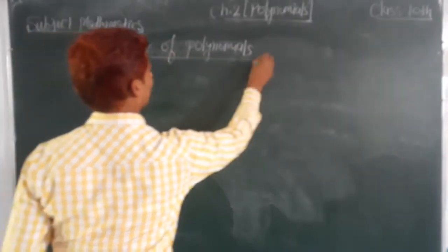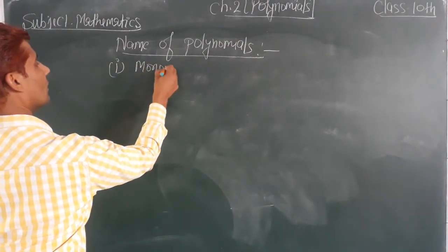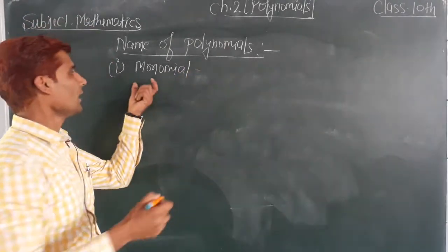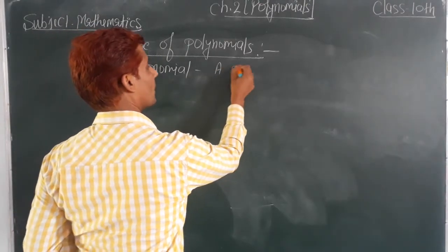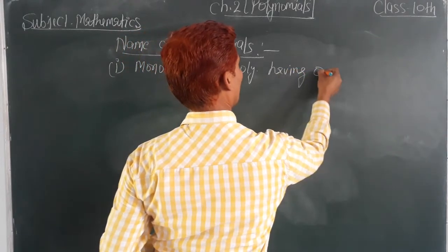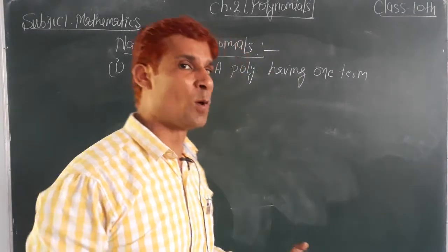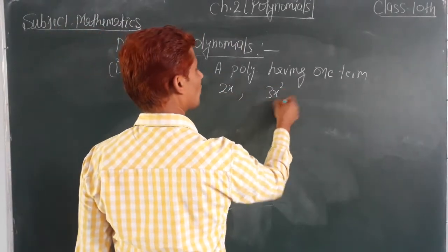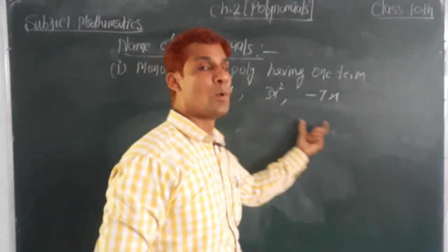First, monomial. मोनोमियल क्या होता है? मोनोमियल: a polynomial having one term, एक ऐसा पॉलिनोमियल जिसमें एक ही टर्म हो वो मोनोमियल कहलाएगा. For example 2x, 3x square, minus 7x, these are the monomial terms.